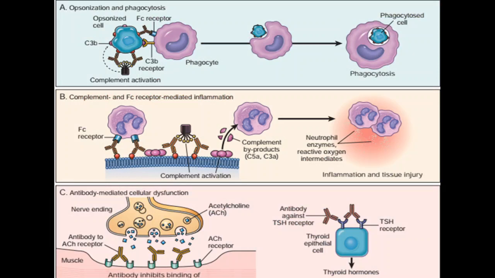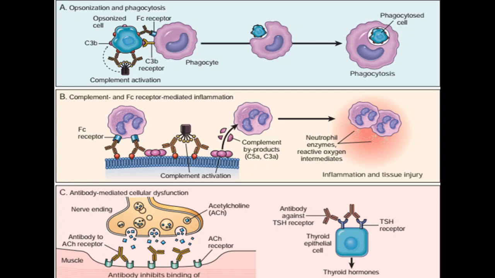So we have three main mechanisms of the second type of hypersensitivity reaction. First of all, it could be opsonization and phagocytosis. Secondly, complement and Fc receptor mediated inflammation. And last one, antibody mediated cellular dysfunction. According to each mechanism we could find different diseases.